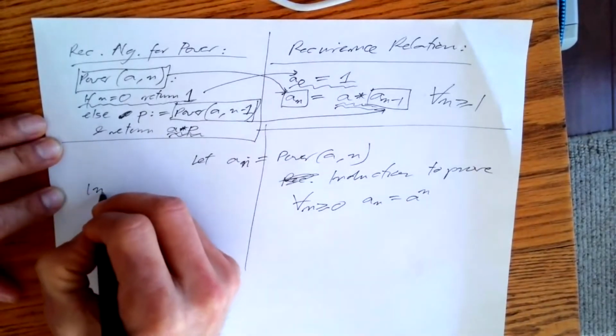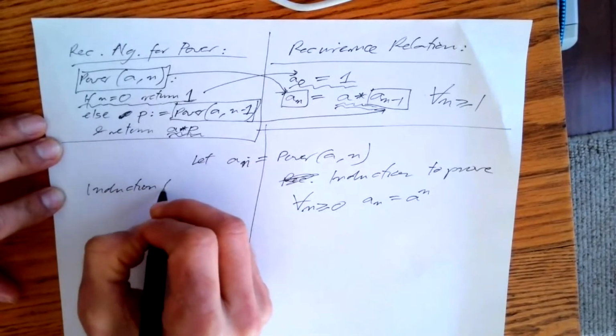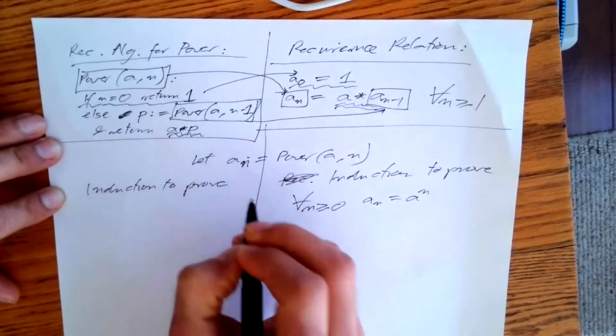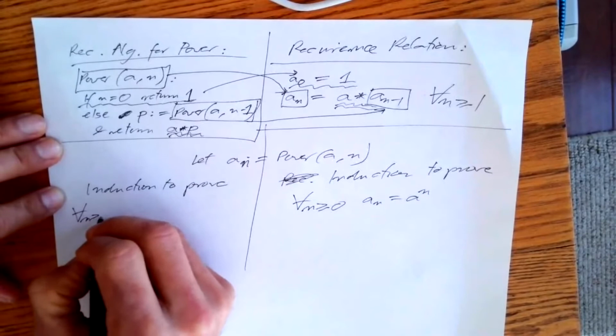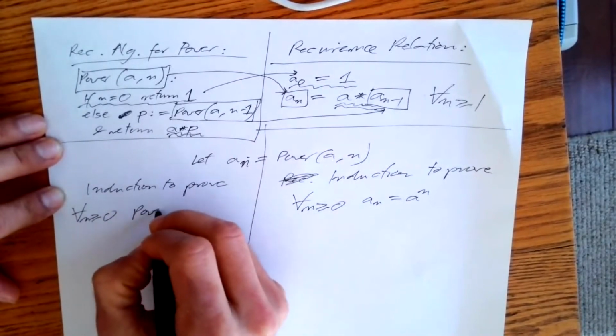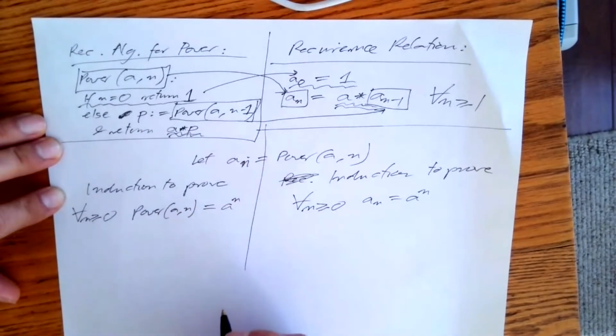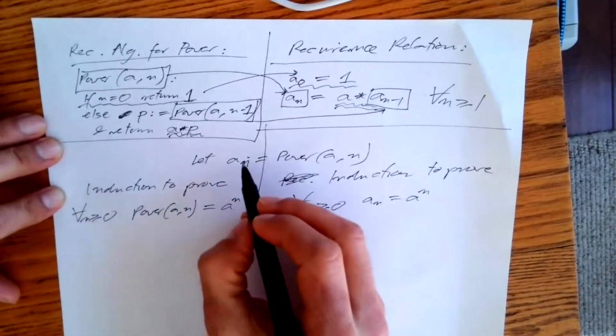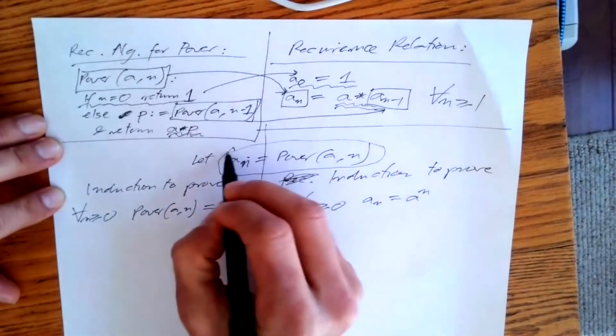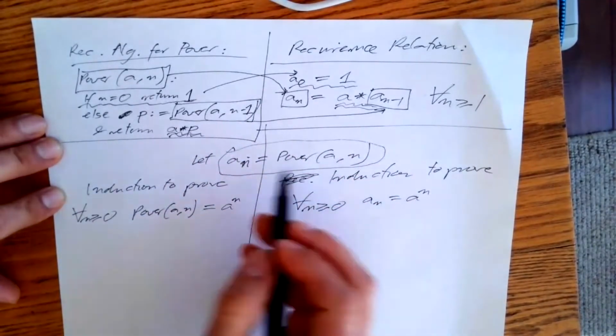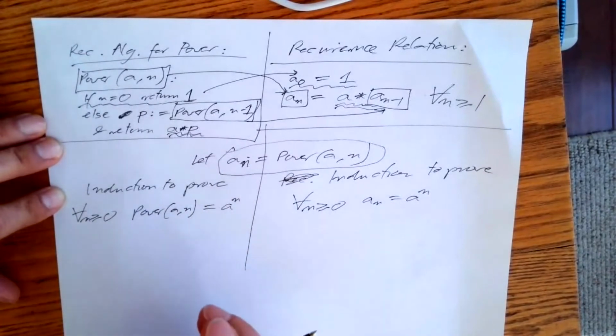And here we used induction to prove that for every n, power a n returns a to the n. The parallels are obvious, and they are exactly because of this correspondence between these two things, right?